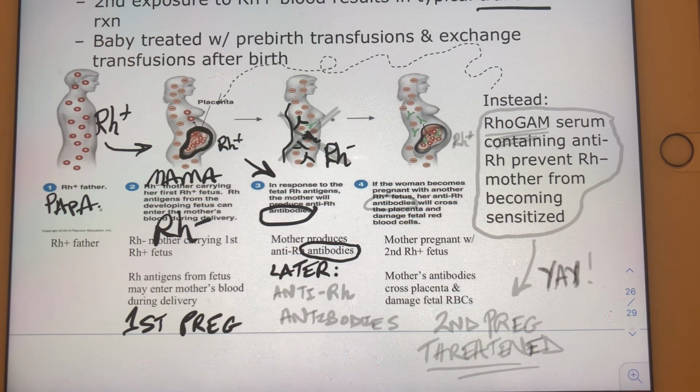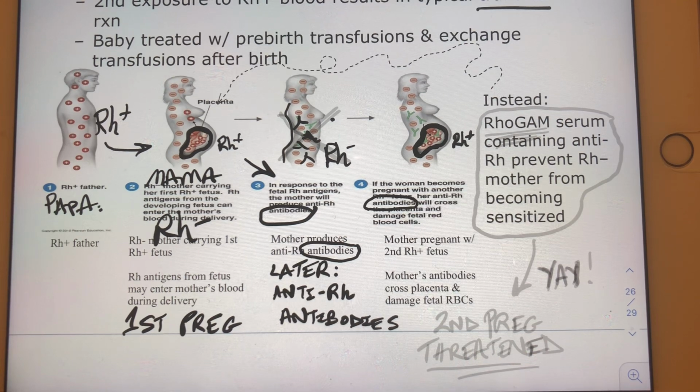So if this same papa and this same mama, who now has not only the Rh negative condition, but features anti-Rh, obviously D, antibodies, if they make another baby, and that baby also happens to inherit Papa's Rh positive condition, well, Mama's now got antibodies, okay?